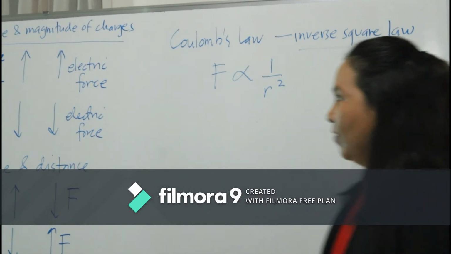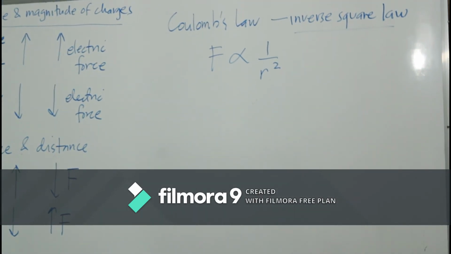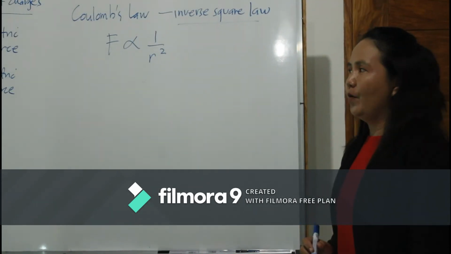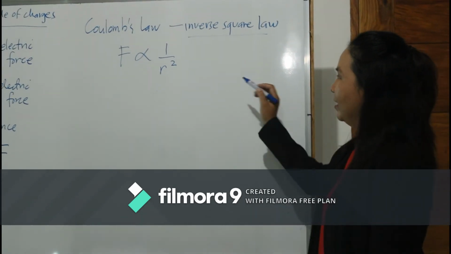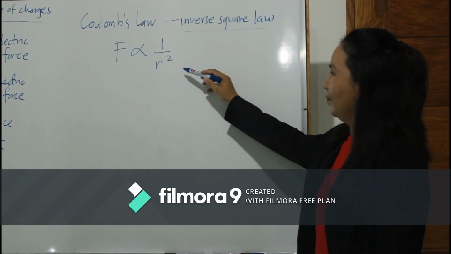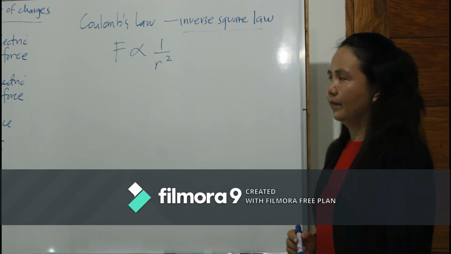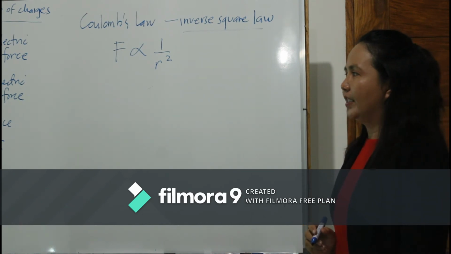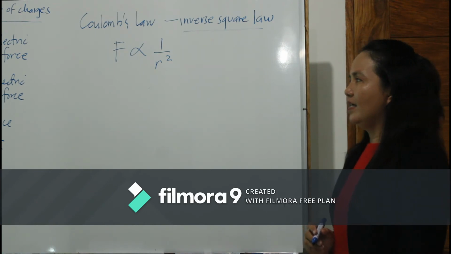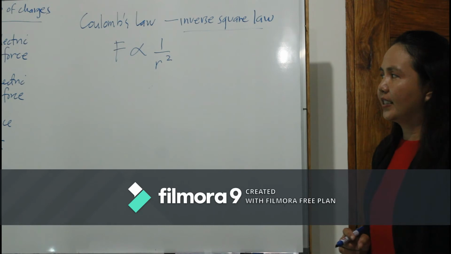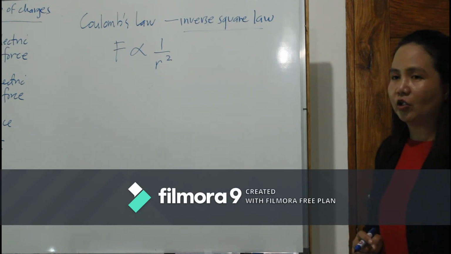So applying the inverse square law in Coulomb's law, you will notice that electrostatic force between 2 point charges varies inversely with the square of the distance of separation between the two charges. That is, the factor by which the electrostatic force is changed is the inverse of the square of the factor by which the separation distance is changed.